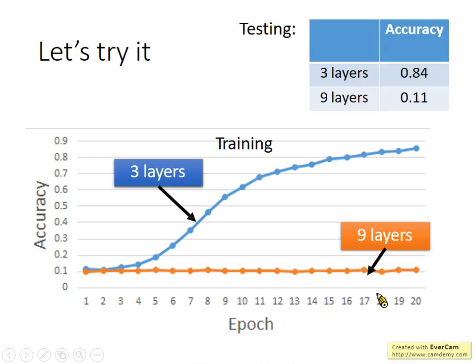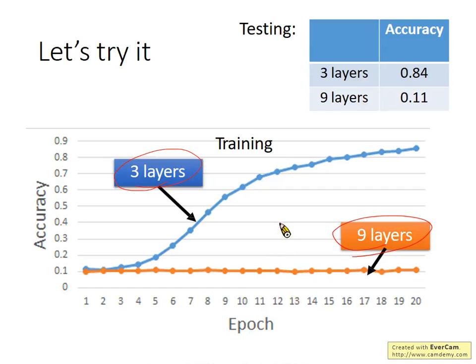So this is the toy result. When we increase the number of epochs, the training accuracy of the network consisting of 9 layers is quite low, and for the network consisting of 3 layers, the training accuracy increases as the number of epochs increases.